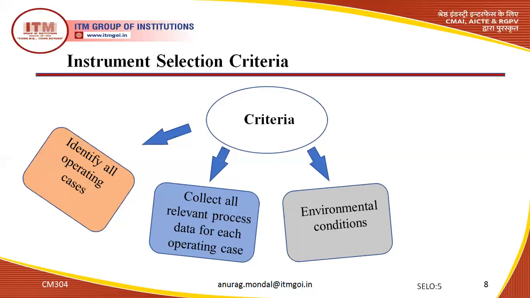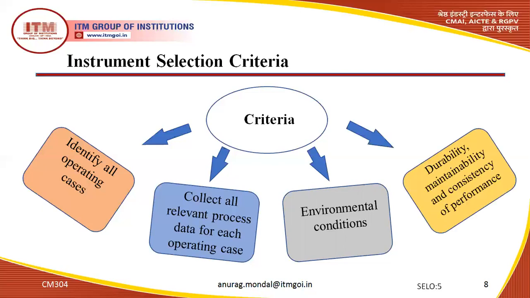And at the end, durability, maintainability, and consistency of performance. Under various operating conditions, whether the instrument will provide the accuracy or not is also important, because a process involves very minute things, and if there is any change or error in the process, then all the operations and whatever the output is become destroyed.